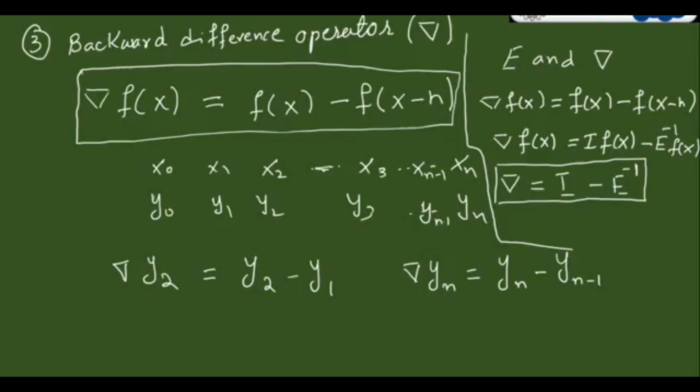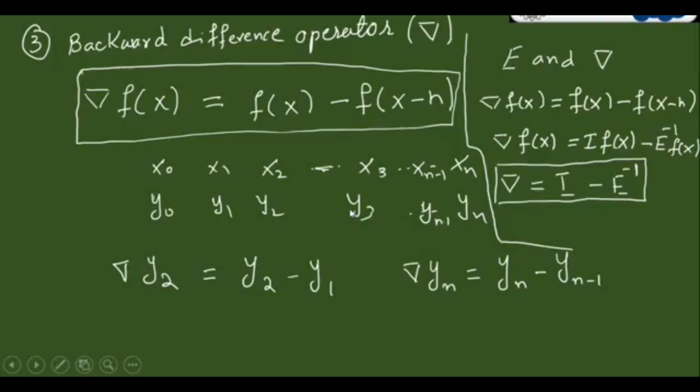Listen, the relation that I have developed here shows the relation between the backward difference and the shift operator. But sometimes this relation is also modified to obtain some other relation. Like this is the relation we have just derived, that the backward difference operator is identity operator minus shift operator, linked with the forward shift.